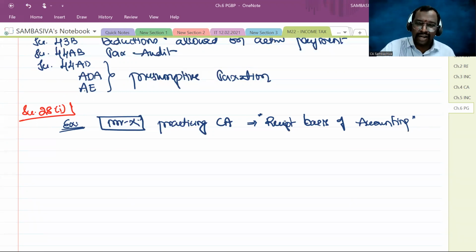So the option is given to the assessee. If the assessee wants to follow the accrual basis, yes, he can opt for it. If he wants to declare his professional income under receipt basis of accounting, yes, he can do so. So here the assessee adopted receipt basis of accounting. As per the principles of receipt basis, only the actual receipt should be considered. Receivables should be ignored.